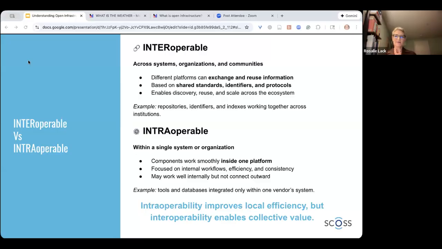Now that's great, but that's not interoperable with outside of their system. And so that's one of the biggest benefits of open infrastructure, this ability to work with other infrastructures and achieve efficiencies that way. So the efficiency of intraoperability is a local efficiency versus interoperability, which is across the entire ecosystem of infrastructures.